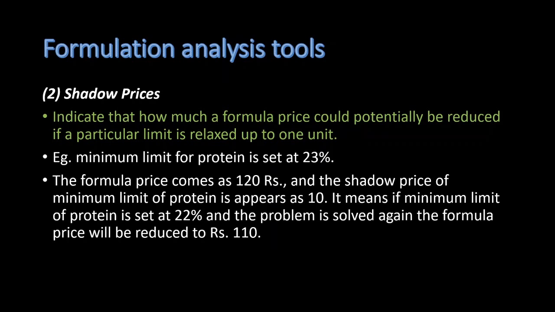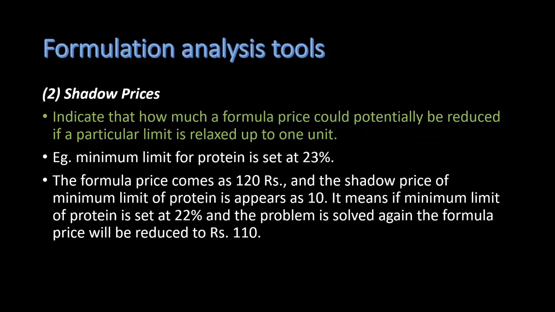So it means if the minimum limit of protein is set at 22, 1 unit decrease from 23, then if the problem is solved again, the formula price will be reduced to 110 rupees. So from this shadow price, we can calculate that if we change 1 unit of protein, the formula cost will be 10 rupees less than the formula cost when protein is 23%.